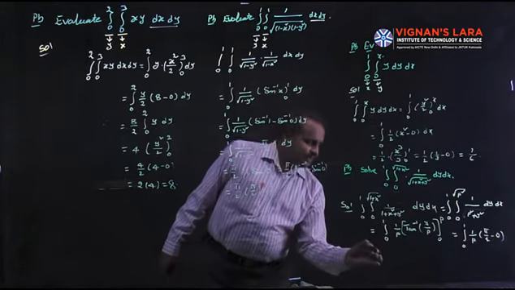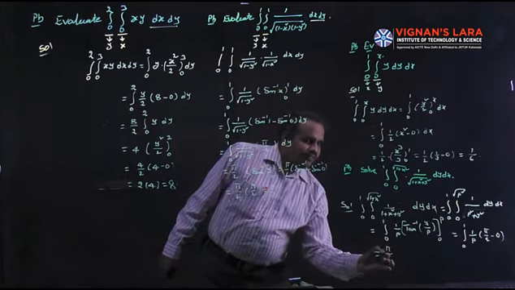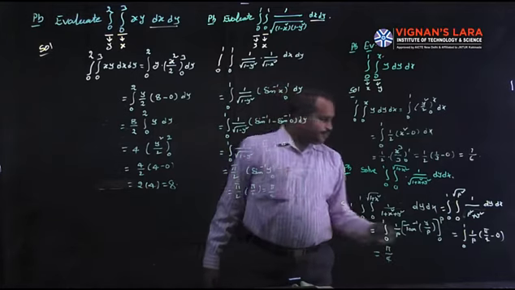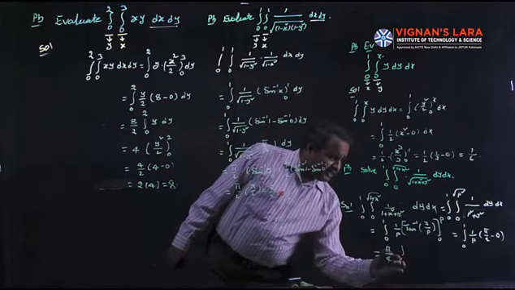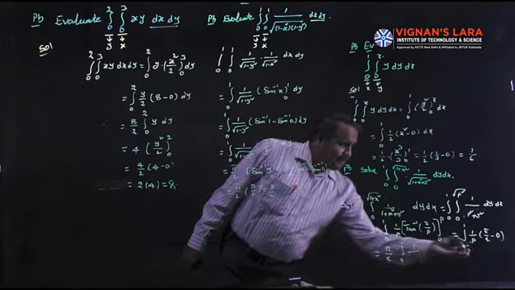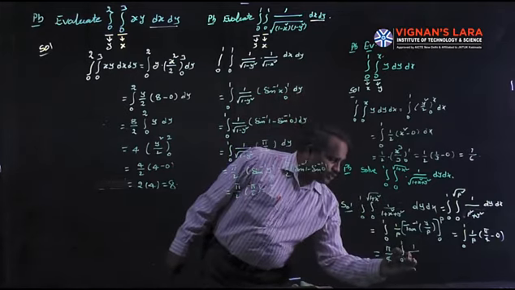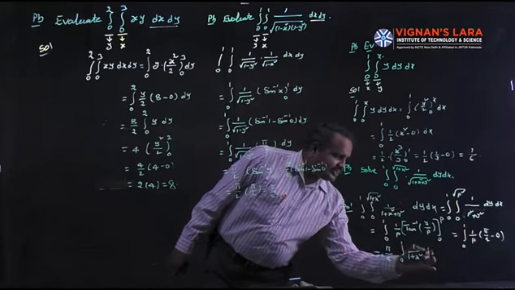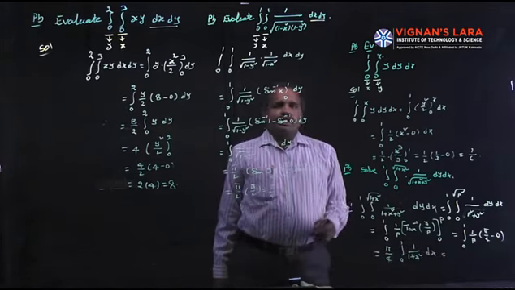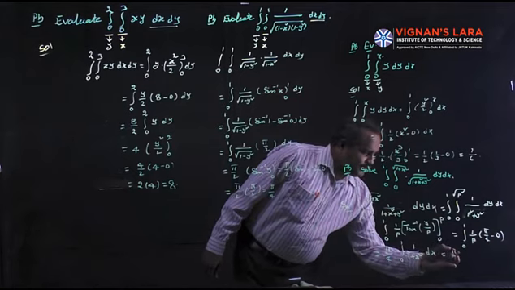Now write pi by 4 outside as it is, and what remains is integral 0 to 1 of 1 by p. The assumed value of p is 1 plus x square, so write 1 by 1 plus x square dx.